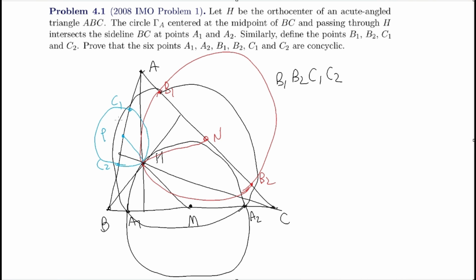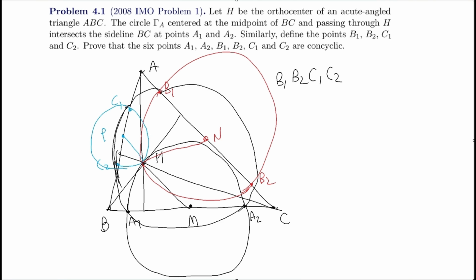So if we use the radical center theorem, well, the radical axis of this blue circle and this black circle here is just C1 and C2 because it passes through C1 and C2. I should have probably made that more clear. Like this is the circle. So anyway, this radical axis is C1, C2, and that radical axis of the black and red circle is B1, B2.